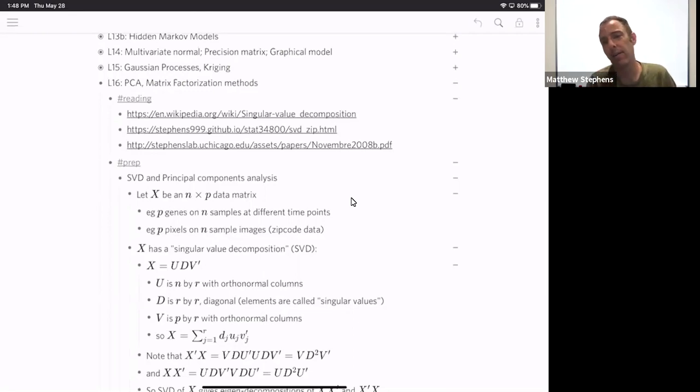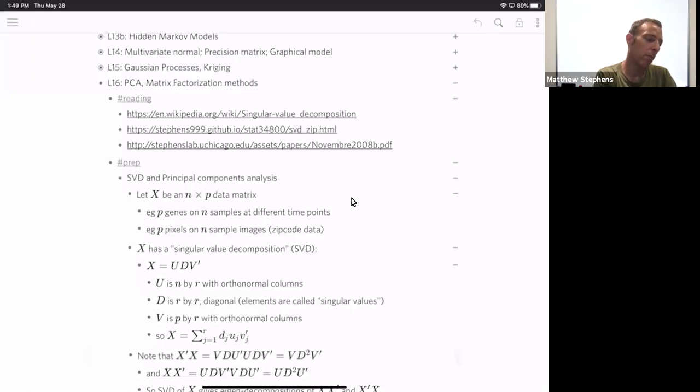And in fact, there are very interesting fast ways of finding approximate singular value decompositions, sometimes known as truncated singular value decompositions, using modern randomization-based methods that are even faster and can work on very, very big data matrices. But you don't need to worry about that for now. Let's just assume we can find that decomposition.